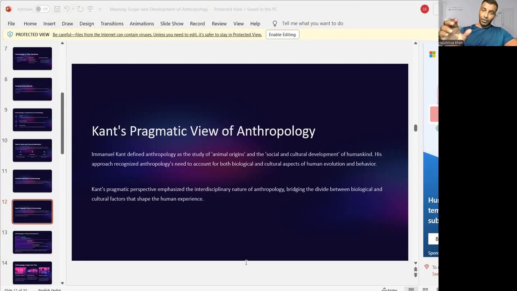And he defined anthropology as a study of animal origins. Just write in quotes, he defined anthropology as a study of animal origins and the social and cultural development of humankind. So what are the keywords here? Animal origins and the social and cultural development of humankind.